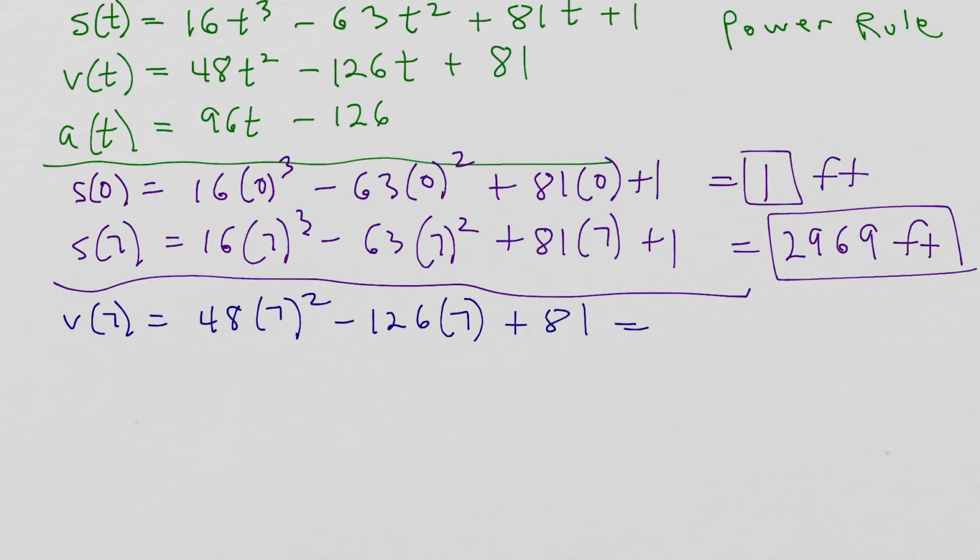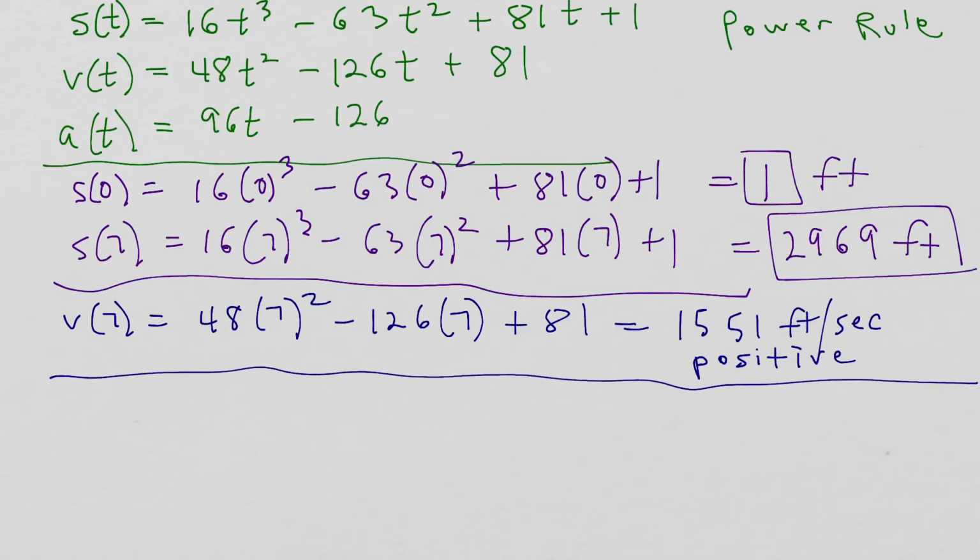That comes out to be 1551 feet per second. I'm just going to note that velocity is a vector quantity, and this is a positive number. So v of 7 is positive. If it was negative, you'd be going in the negative direction.